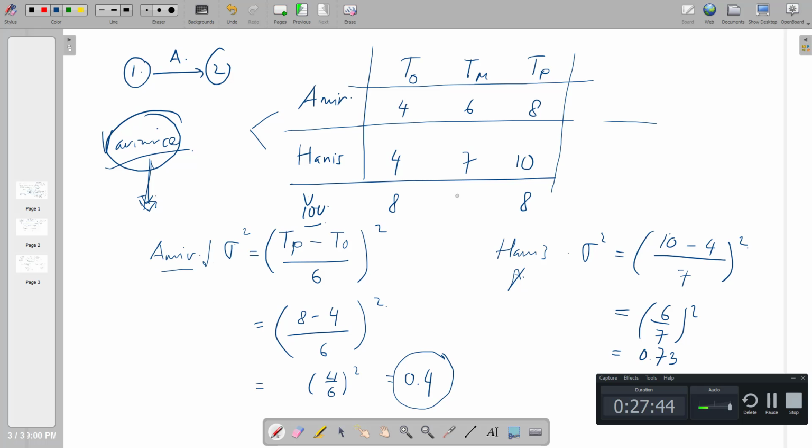Then whatever the value of the most likely, you will not have a variation, less variance between the TO and the TP, which means that you are more certain in the time estimation, because you have a lesser degree of difference between TO and TP. So imagine this one in the real implementation. Right, let's go to the next one.